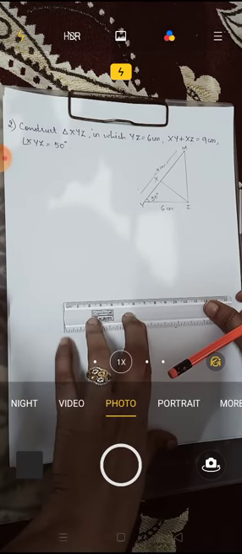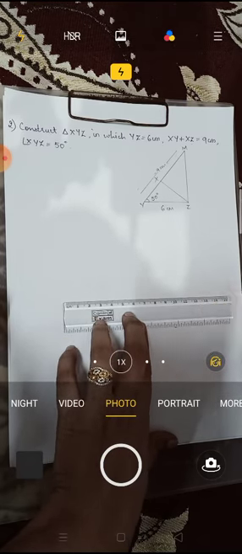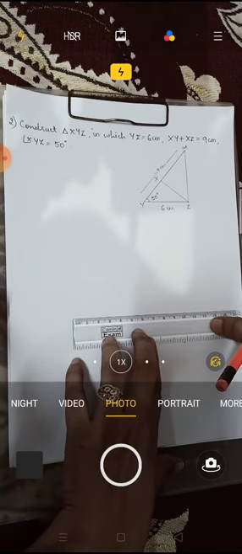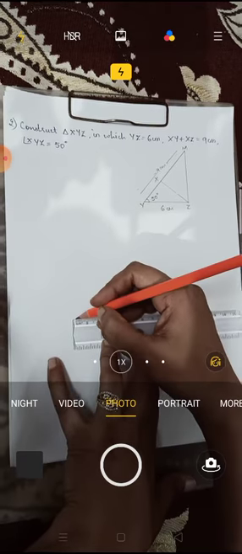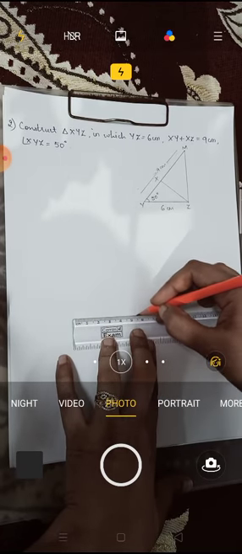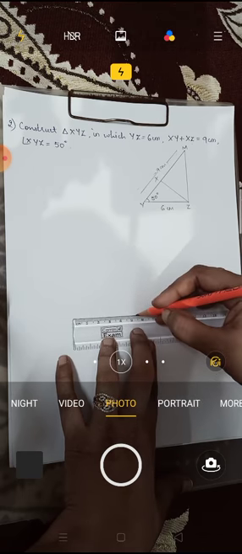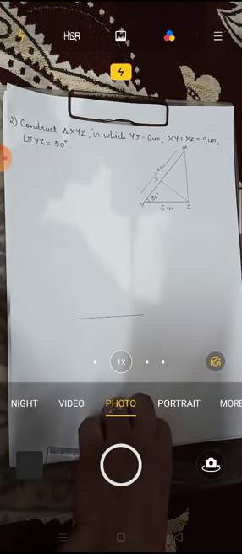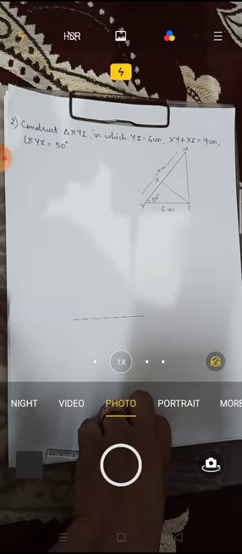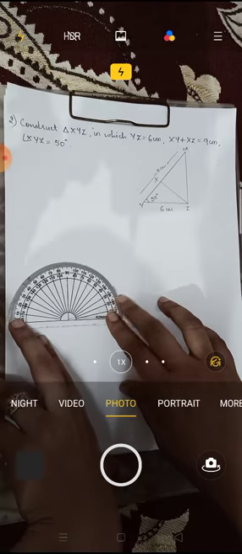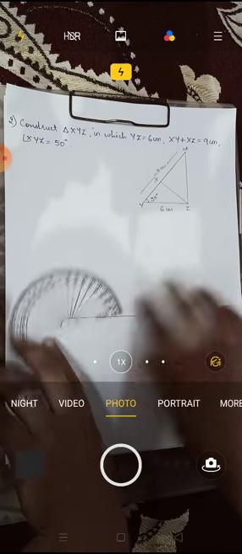First you will draw YZ, six centimeter. Okay, and then next you will draw the angle. Take protractor.